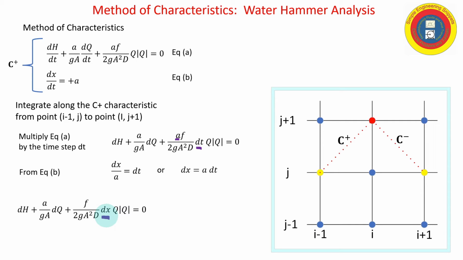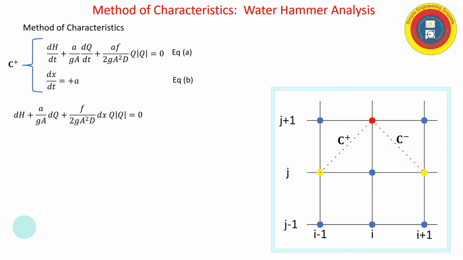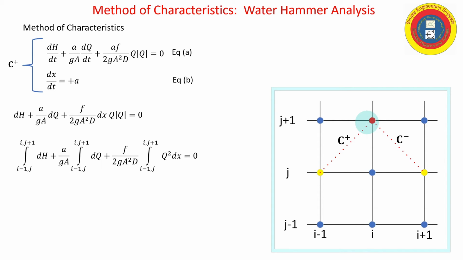Again, that is no longer a variable. That is my grid size in the x direction. Oftentimes you'll see that denoted as delta x. Okay, so this is my equation. Right now I haven't done any finite differencing schemes or anything like that. So we are going to integrate it from the point, again, i minus 1, j to i, j plus 1.